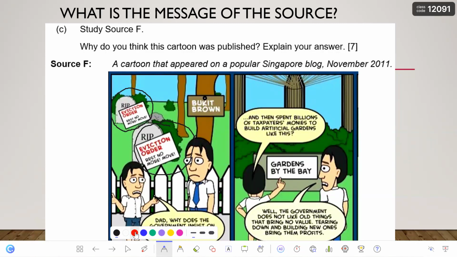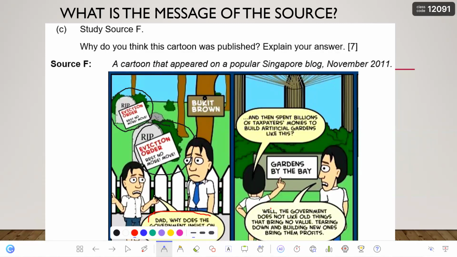And then it also says here, Daddy, why does the government insist on bulldozing natural environments like this? So wow, bulldozing, right? Again, another strong word that's being used. It's a natural environment.